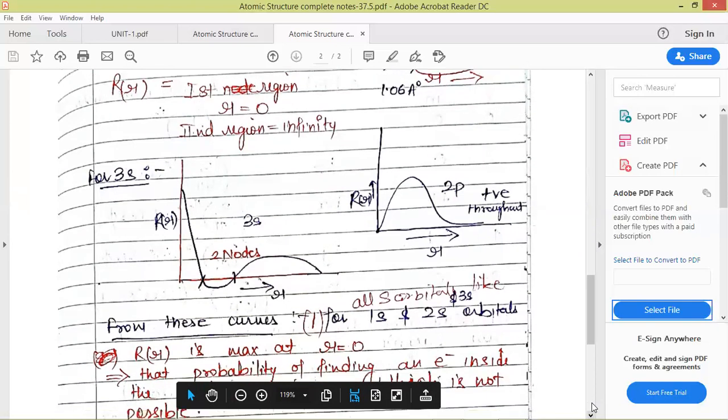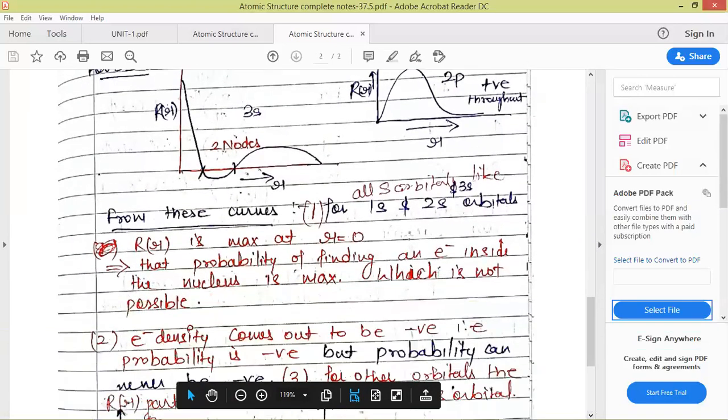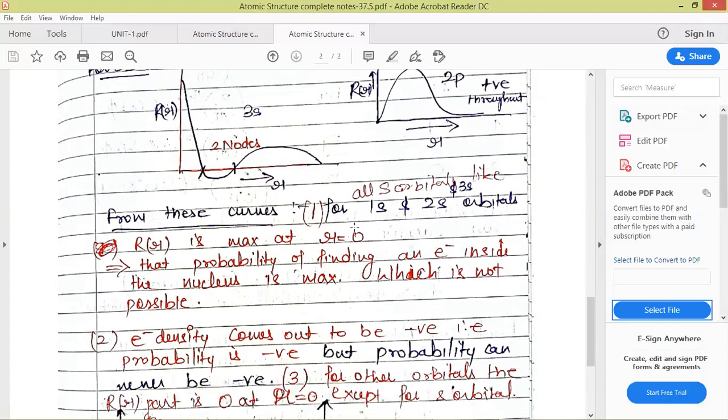So from all the curves which we have discussed so far, we have found that for s orbitals, for 1s and 2s orbitals, both at r equal to 0, this radial wave function has been found to be maximum.